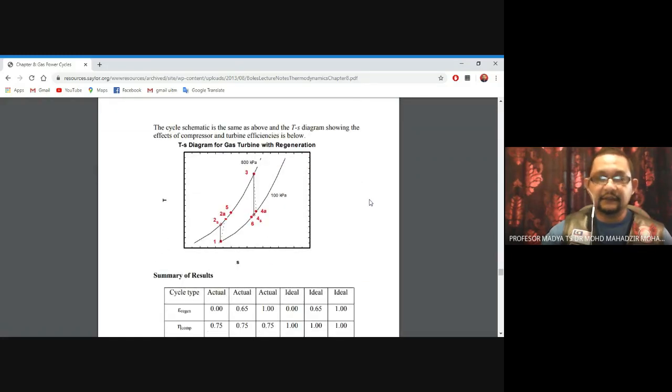Okay, this is the T-S diagram that can be plotted to make it simpler to understand the question. So we have 6 processes here, and the compressor and turbine operate between two pressures, that means 800 kilopascal and 100 kilopascal.